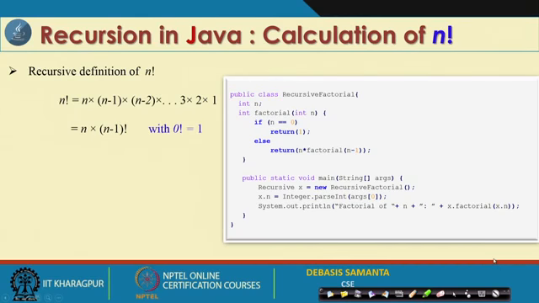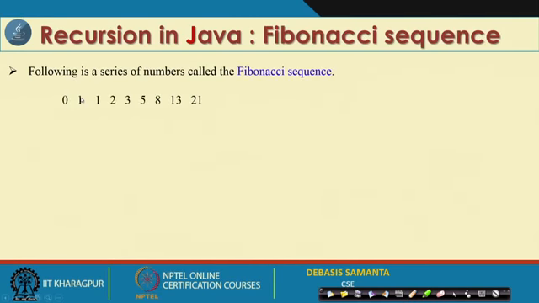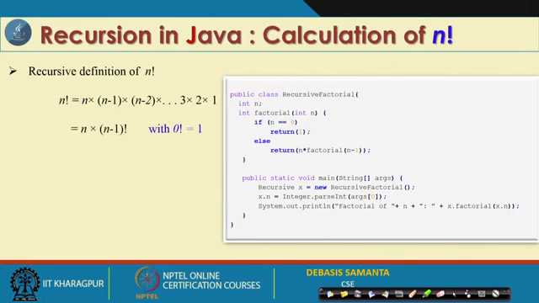The factorial calculation can be defined recursively using this definition: n factorial is equal to n into n minus 1 factorial. It is called the recursive definition because n factorial is defined in terms of n minus 1 factorial.